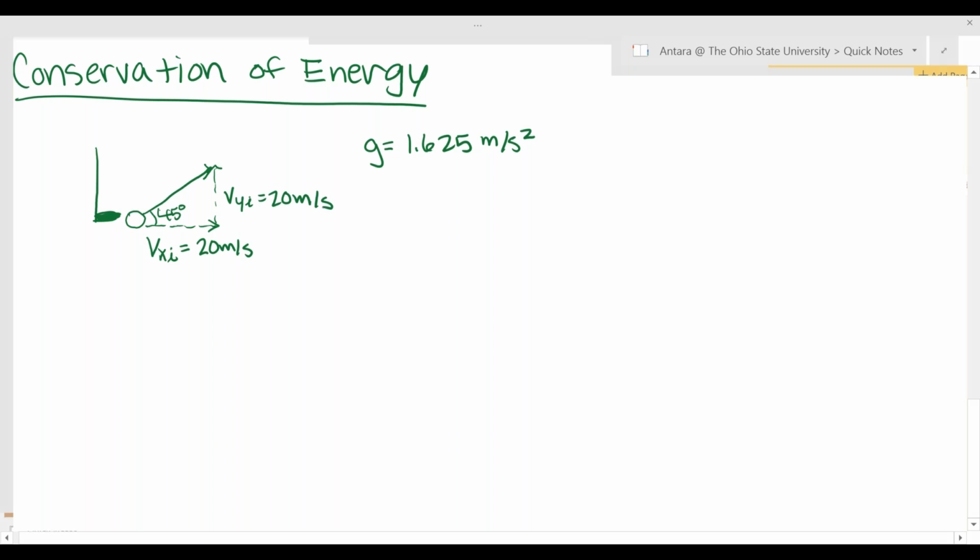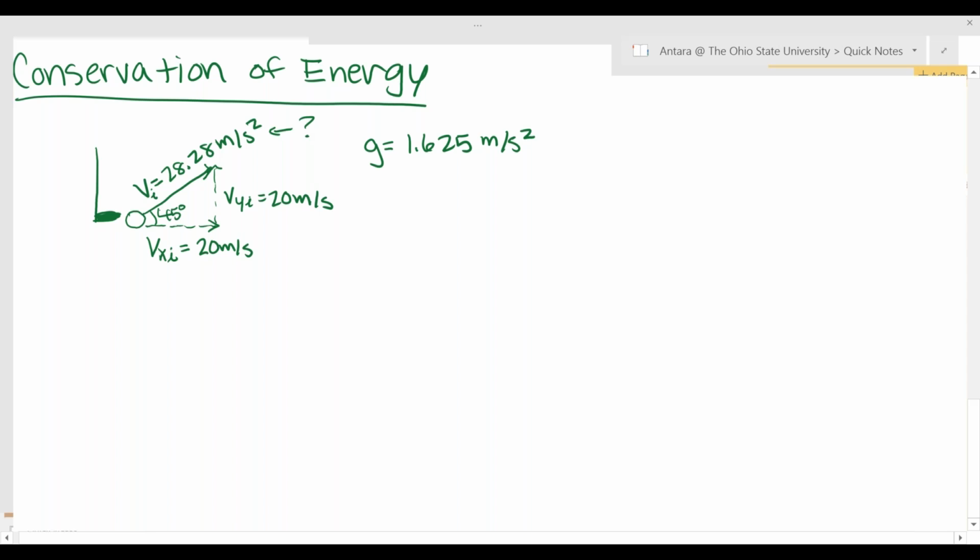Now in the problem, it was also given that the total initial velocity is 28.28 meters per second. But I'm going to go ahead and show you how you actually find this out. So basically we have our x direction value and our y direction value, and we also have our angle.